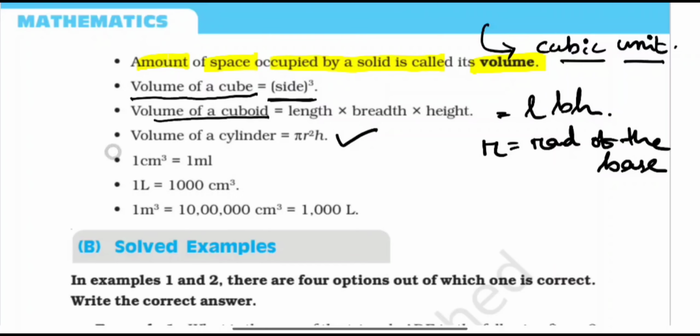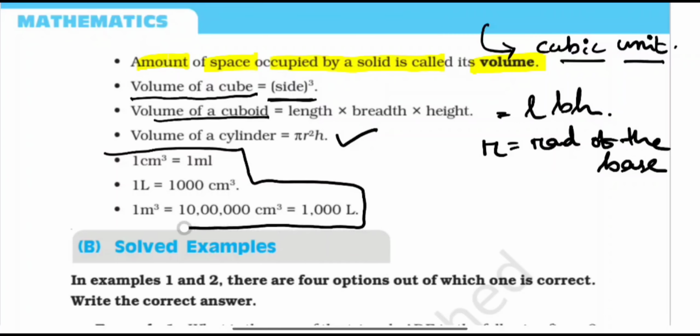Now let's have the interconversion of capacity and volume, right? Capacity is measured in milliliter or liter or other units, basically liter. But what resemblance does volume have with capacity?